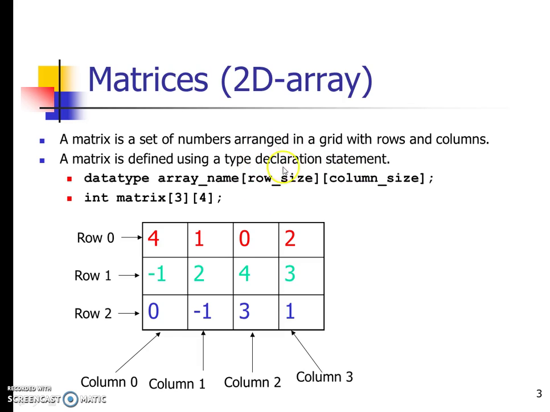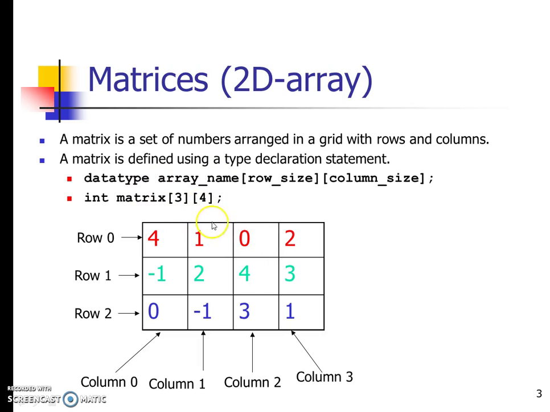The first subscript will tell us the number of rows, and the second subscript will tell us the number of columns. For example, in this declaration we have a two-dimensional array with the name matrix, and we have 3 rows and 4 columns. That means in this array we can store a maximum of 12 elements.